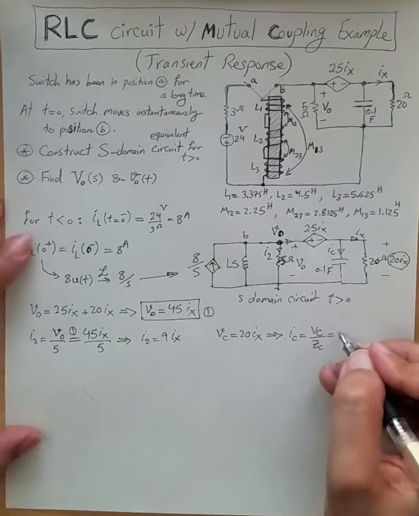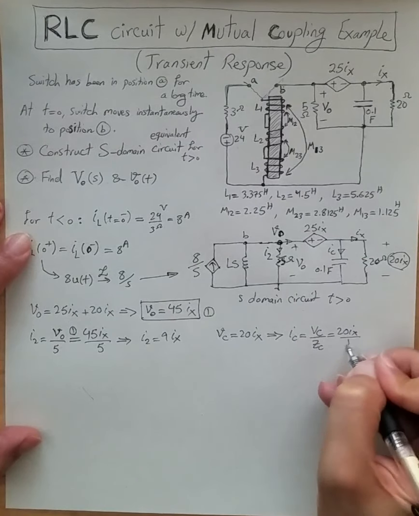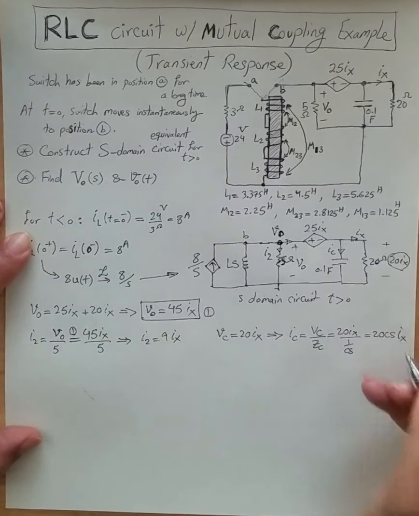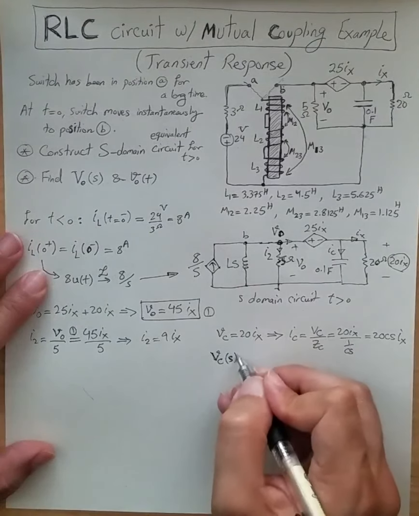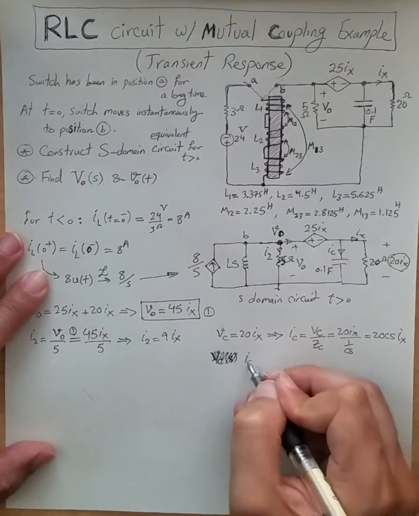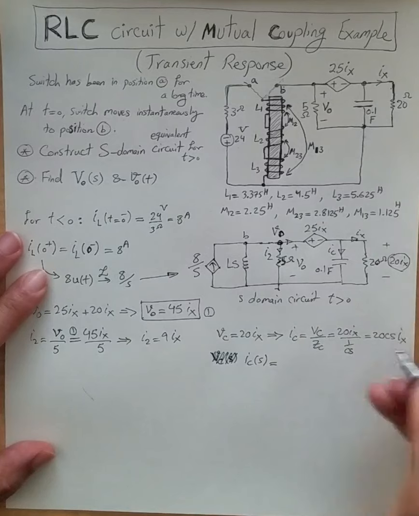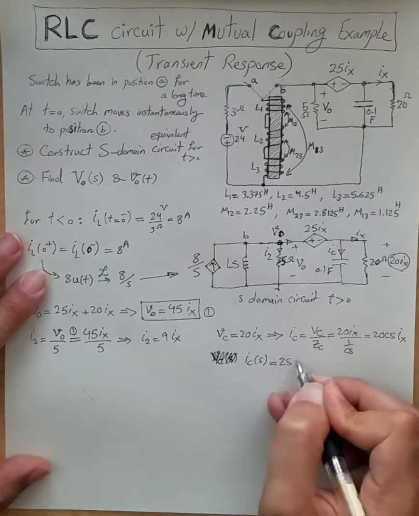In S-domain representation, that would be 20 Ix divided by 1 over Cs, so 20 Cs Ix. Therefore, the current of the capacitor in S-domain is 20 times C, where C is 0.1 farad, so it's just 2s Ix.